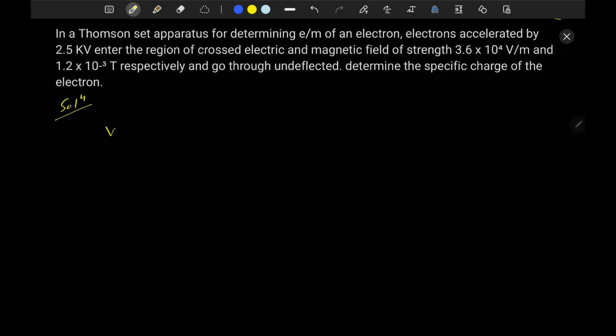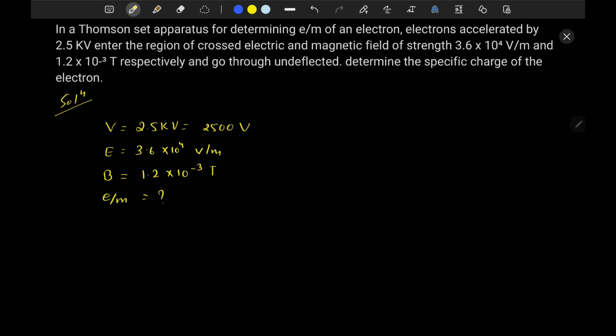Here the accelerating potential is provided as 2.5 kilovolt, that is 2500 volt, and the applied electric field E is 3.6 into 10 power 4 volt per meter. Similarly, the applied magnetic field is 1.2 into 10 power minus 3 Tesla. And now we need to calculate e by m.